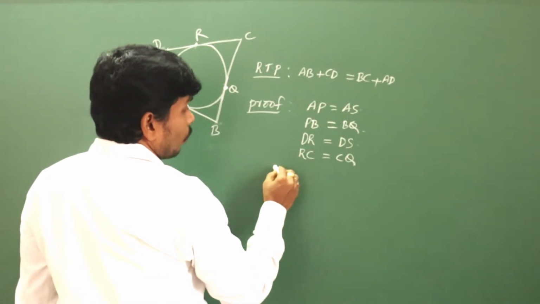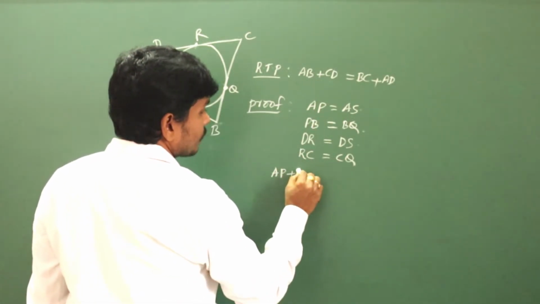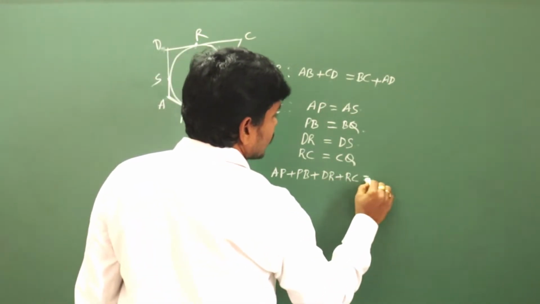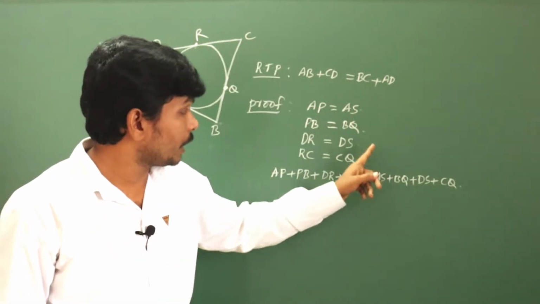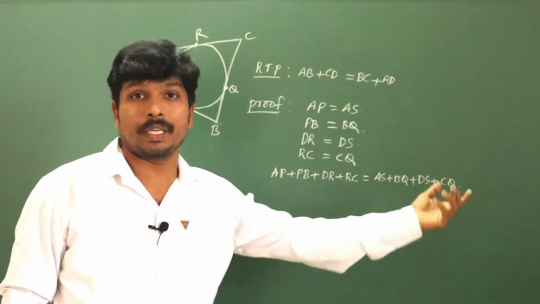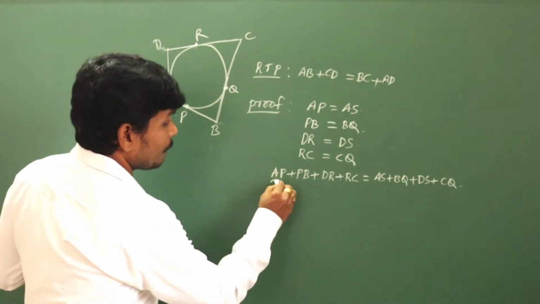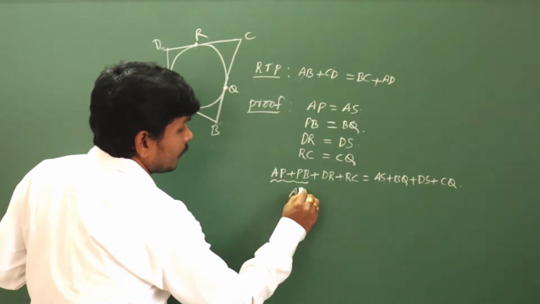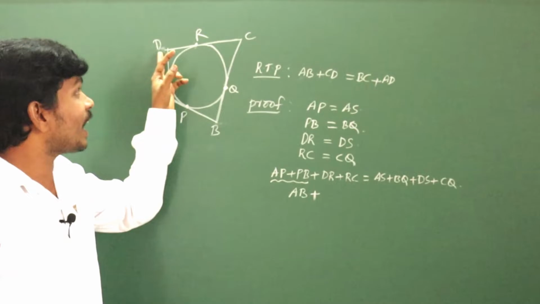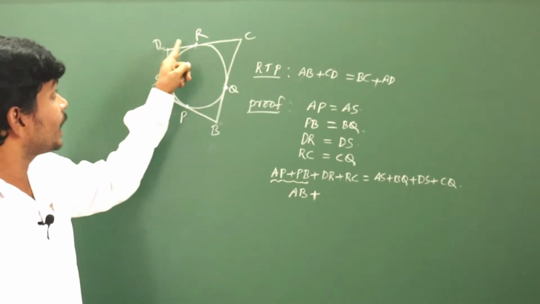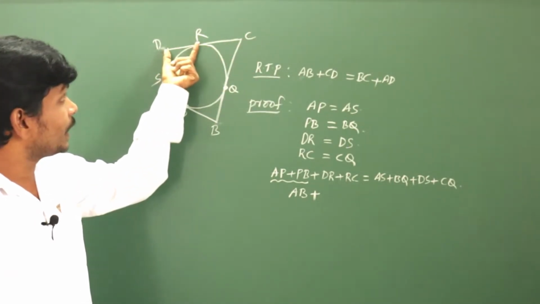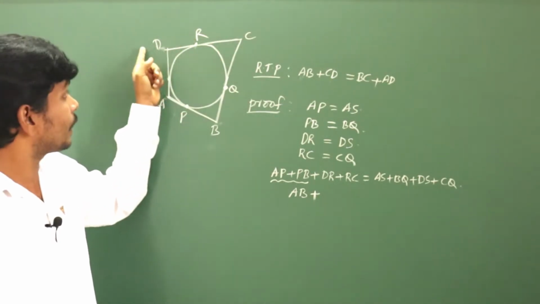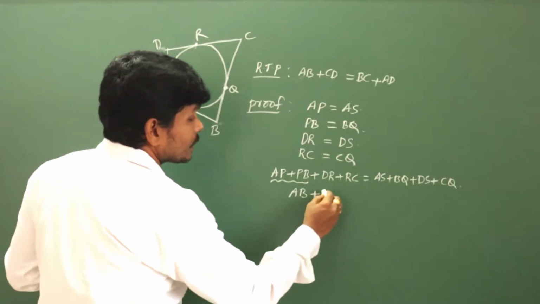Now add these four. AP plus PB plus DR plus RC is equal to AS plus BQ plus DS plus CQ. Observe here. AP plus PB value how much? AB. Plus DR plus RC, the length DR plus length RC is the length DC.